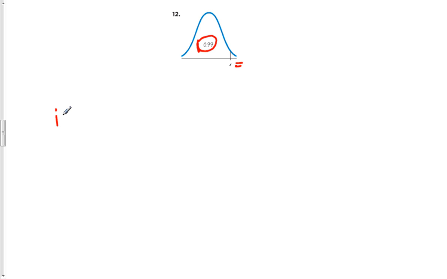We're going to do the inverse norm of 0.99. This is going to give us the z-score that we need, and then we're going to plug that z in and find the correct x value. So let's go ahead and do that.